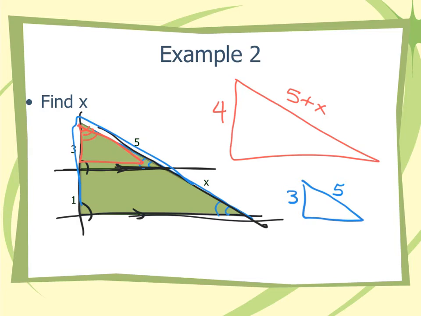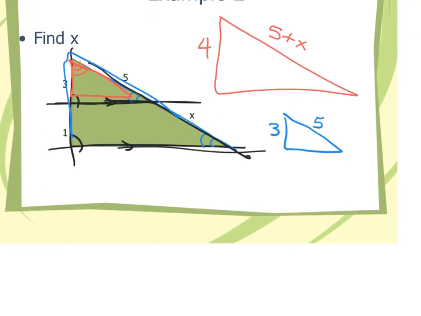All right, so now let's set up a proportion to find the value of x. So for this one, I'm going to match my sides. So I can match the 4 and the 3, and then the 5 plus x over the 5. I'm going to cross multiply and divide.